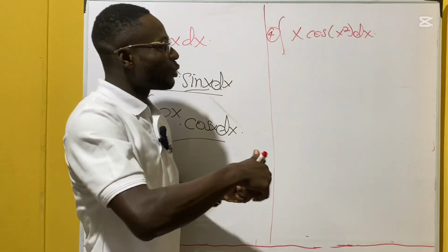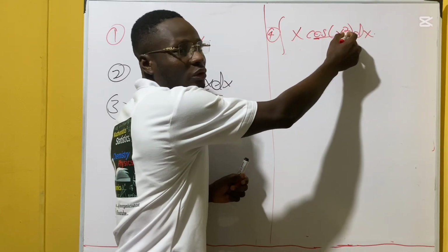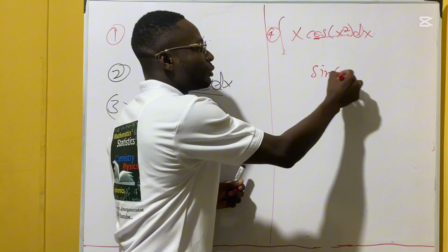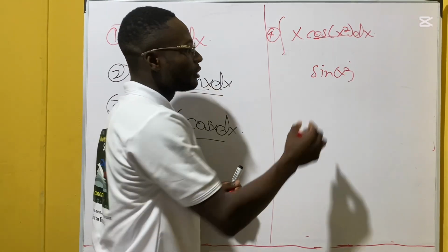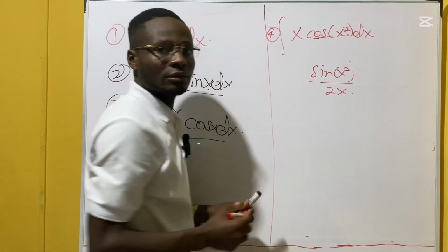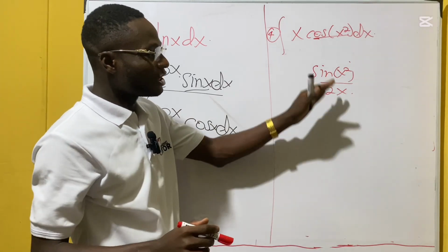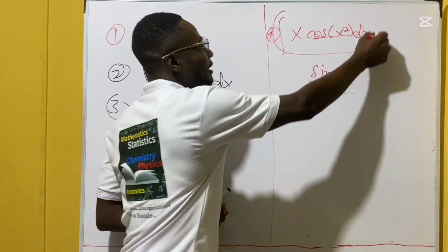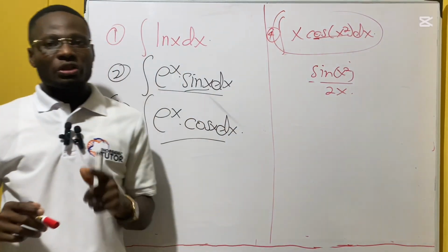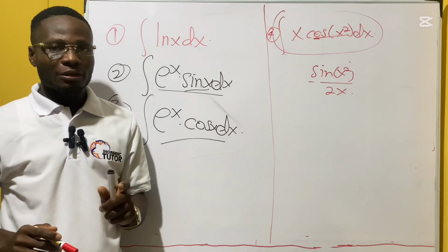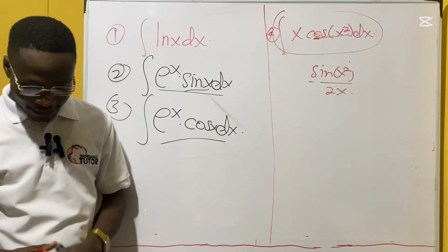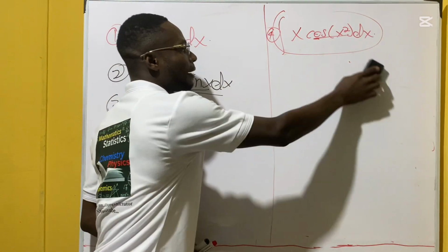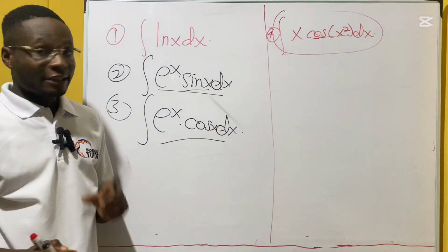You know that when you integrate cos x squared, it is going to be sine x squared all over 2x, right? That is how it's going to be. So this is non-elementary. When you have a function like this, you don't attempt to use the tabular approach.